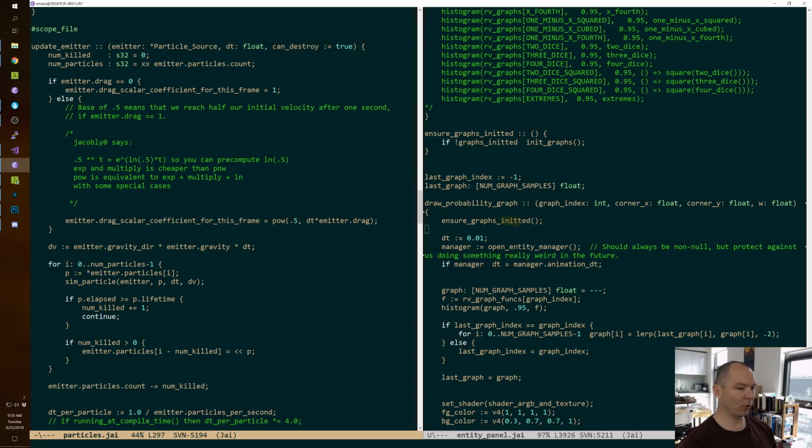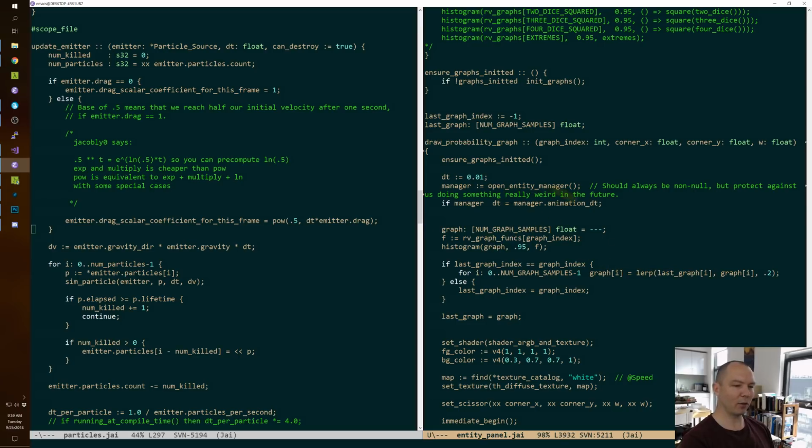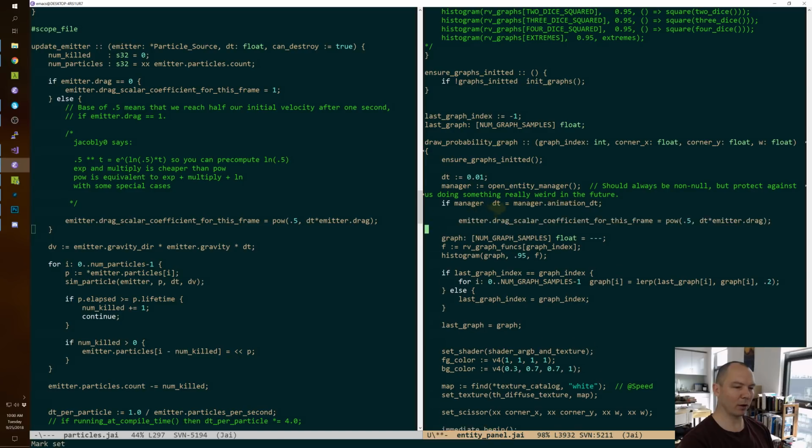Basically, we come up with a scalar coefficient where we take a number to the power of dt times a constant, and that gives us frame rate independence. And if that doesn't make any sense to you, which it probably doesn't, if you haven't seen this idea before, you can watch the previous stream, because at the beginning or somewhere toward the first half, I go through the math.